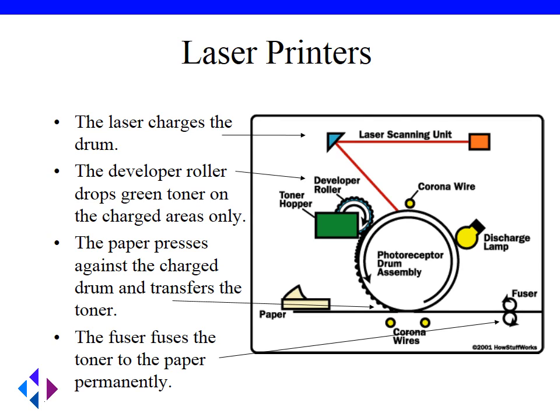But as that developer rolls onto the drum, the toner will adhere to the negatively charged areas of the drum and not the positively charged areas, which means that it develops a small dot of that toner.